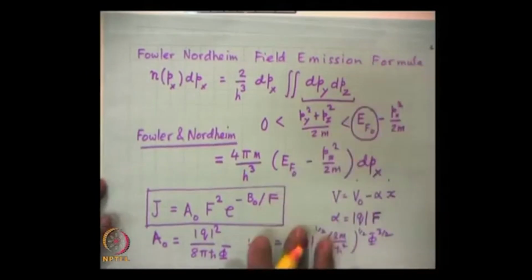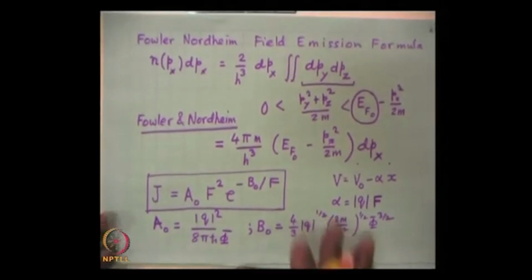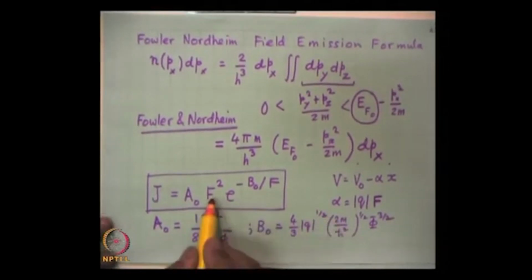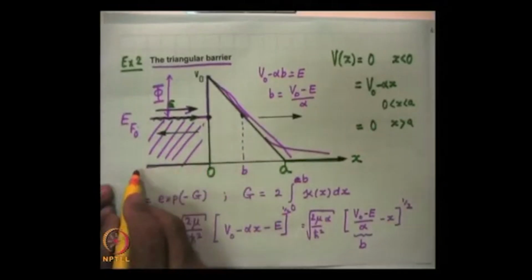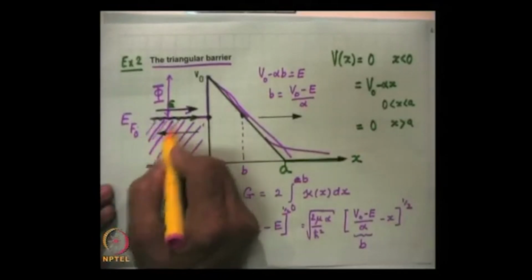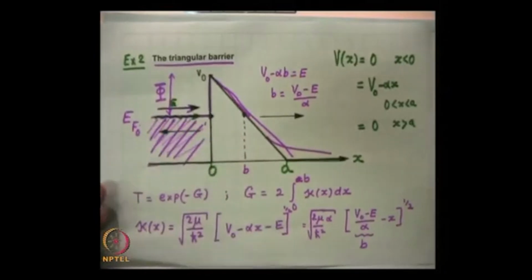It does explain qualitatively, despite the many approximations that we have made, the experimental data in the case of some metals. So, to conclude, on the left hand side is the metal surface, where all the electrons have an energy less than or equal to E F 0.